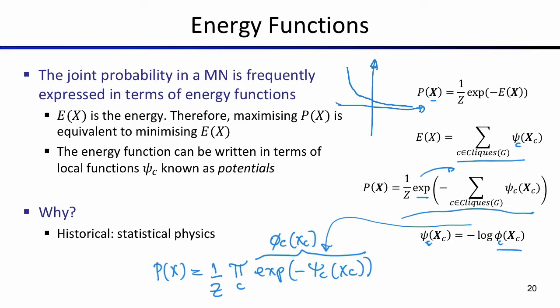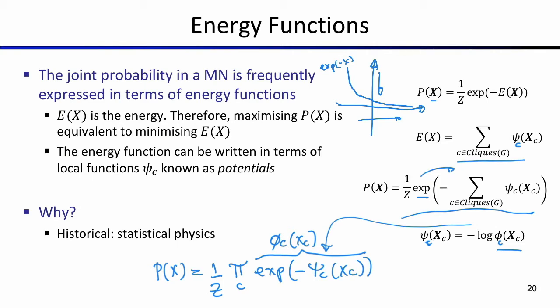So this is the exponential of minus x. What is going on here? The first observation is that in order to have higher probabilities, we need to decrease the energy. So high probability is equal to small energy.